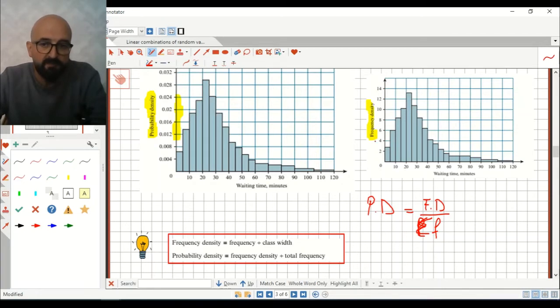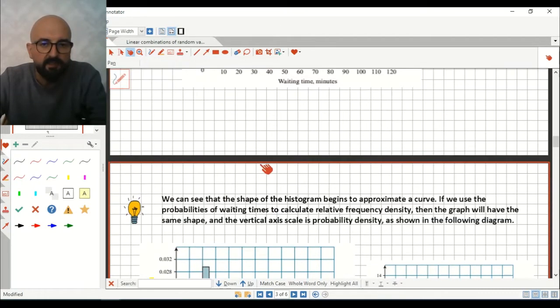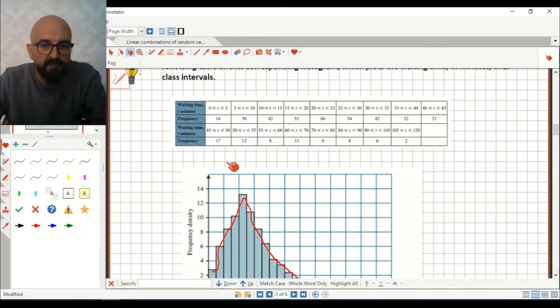For example, for the first column, we can find the frequency density from the table. We have 14 patients.